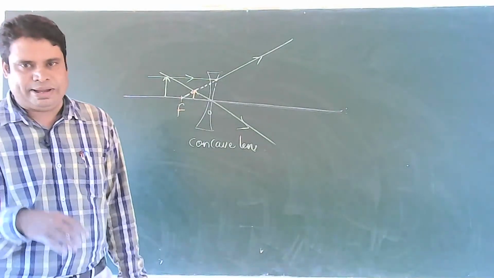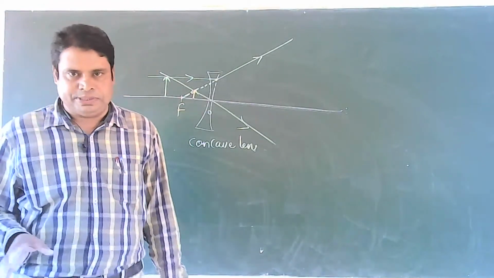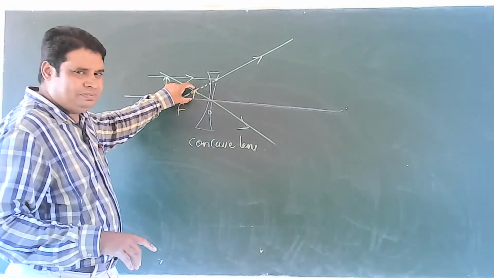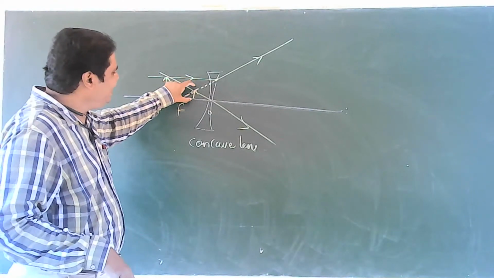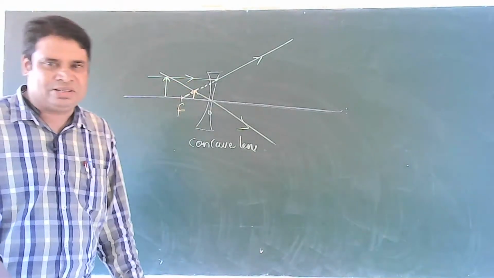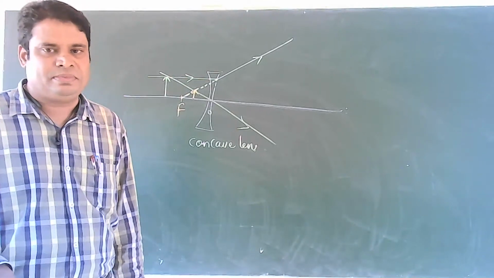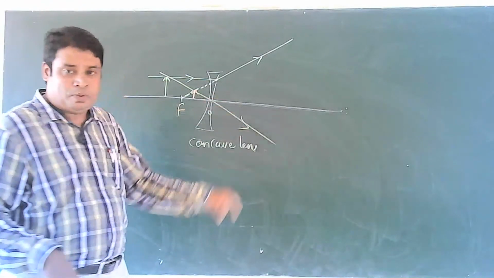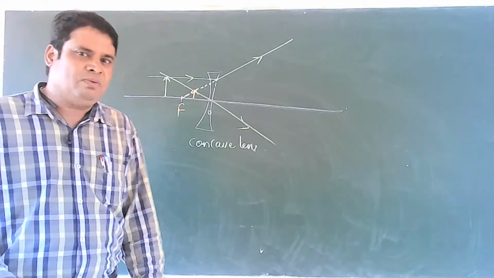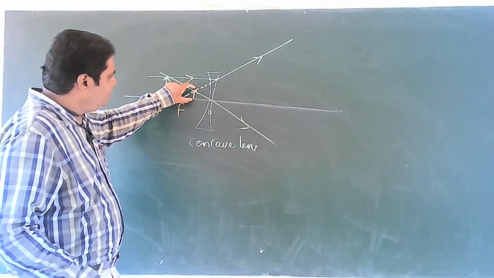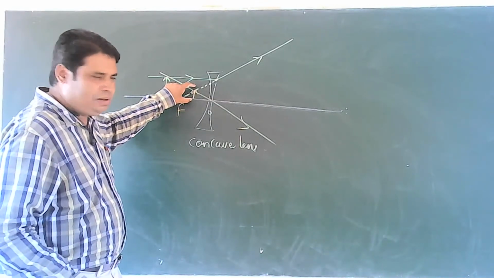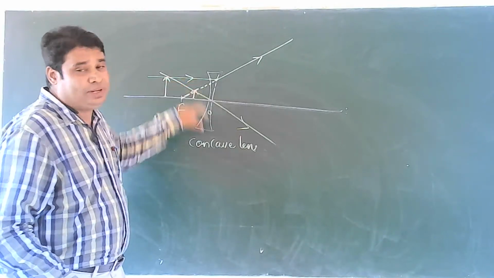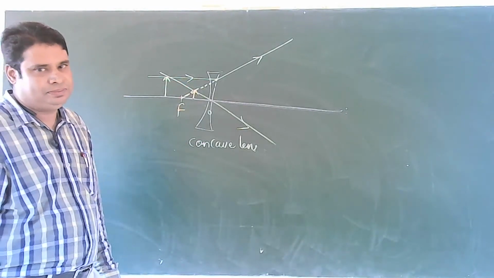In all possible cases, wherever you place your object, a virtual, diminished, erect image will form in case of concave lens. Irrespective of the position where you place your object, we observe diminished, small, erect, and virtual, not real, images.